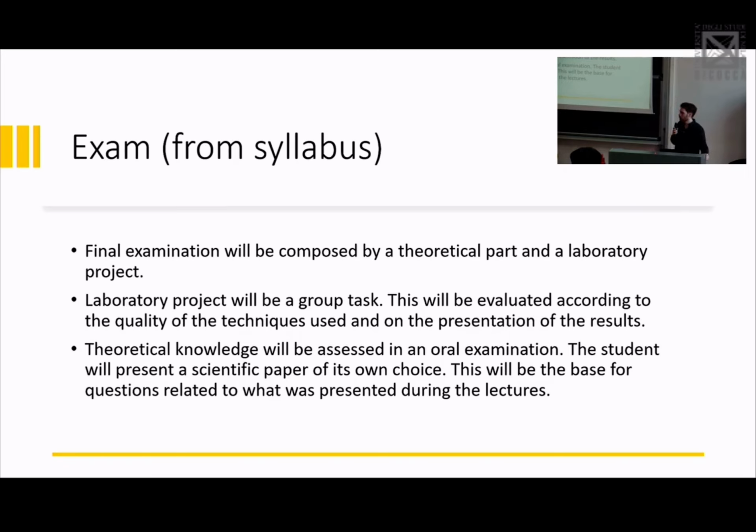So we will have a final examination composed of some theoretical questions, especially because it's mandatory in all degrees. I think in BCOC, I'm not sure whether it's in BCOC or in Italy in general, to have an individual part of the exam. And we have mostly a short laboratory project. This one will be a group task, and you will need to present your work.